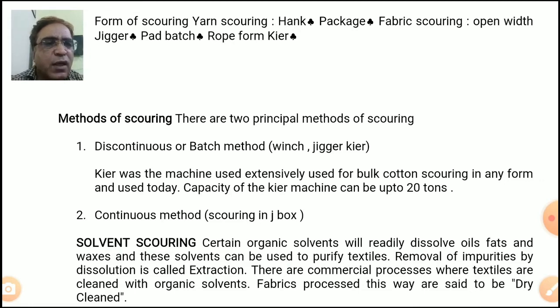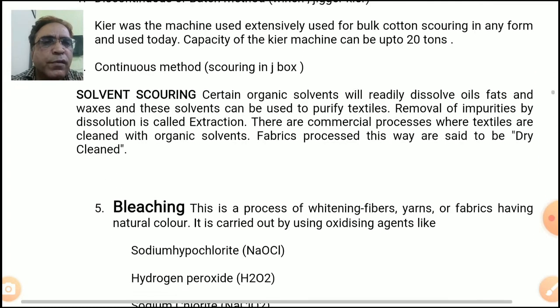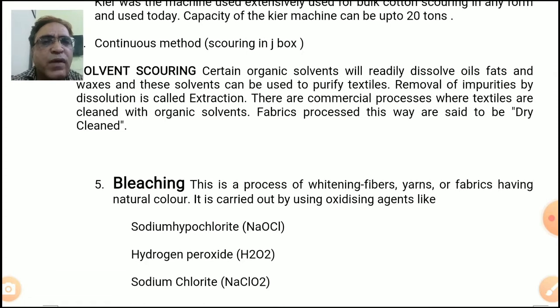Specific commercial processes are also there where solvents can be used. Solvent scoured materials are normally called dry clean materials, like in day-to-day life we also go for dry cleaning.